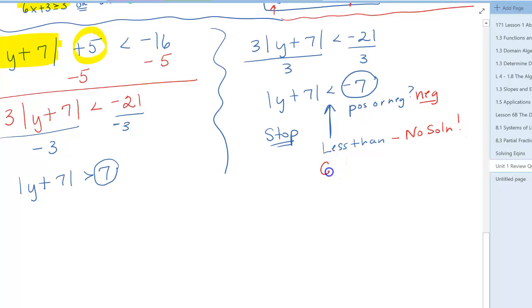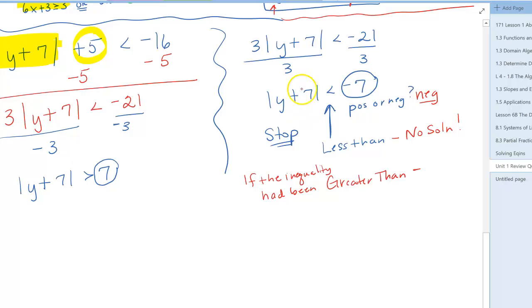If it had been greater than, so if the inequality had been greater than, well, if you think about it, what would the answer be?